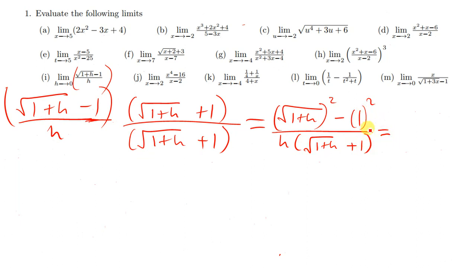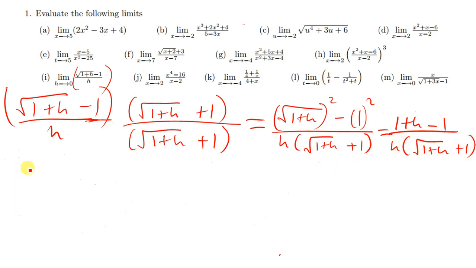So now when you simplify the first part here, you're going to have 1 plus h, then simplify 1 squared, which will also give you 1, then everything divided by h times the root of 1 plus h, then plus 1.